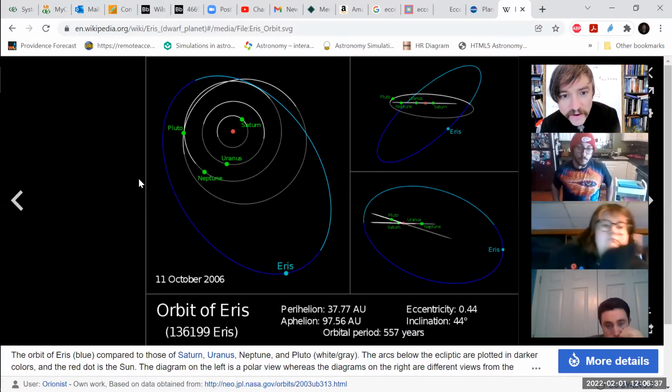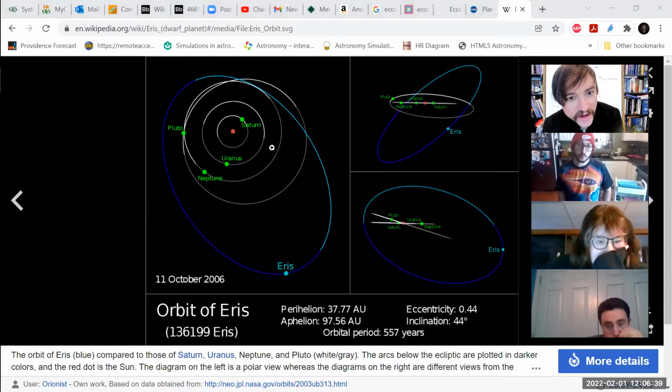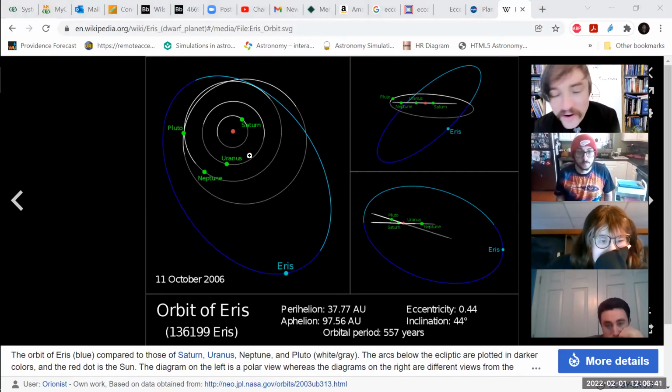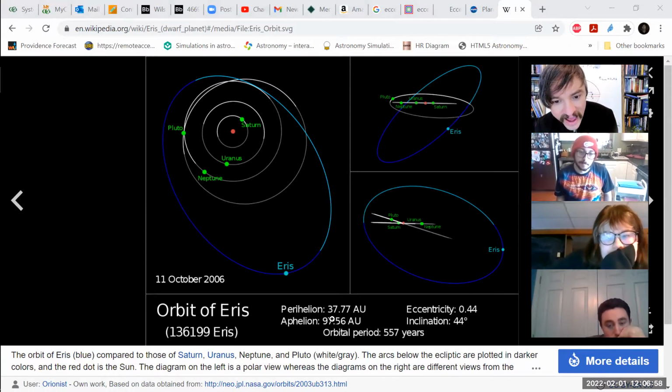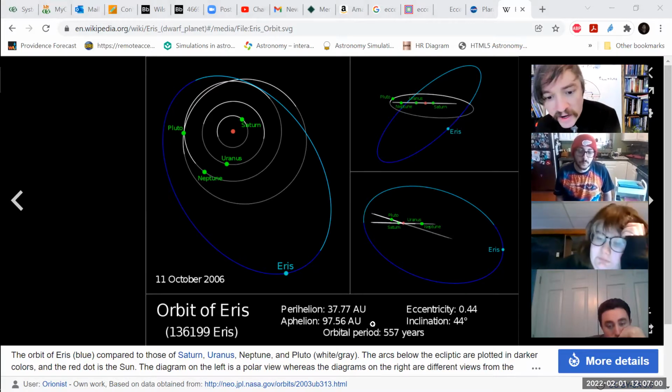Yeah, check this out. You can see here that Pluto's orbit actually looks circular by comparison. The ellipse that represents Eris's orbit actually brings it interior to the orbit of Pluto and just about scrapes the edge of Neptune. On the other hand, at its farthest distance, at aphelion, 100 astronomical units is pretty much at the edge of our solar system, right?